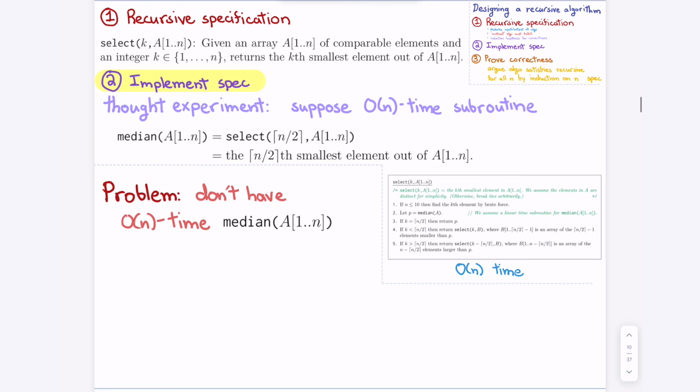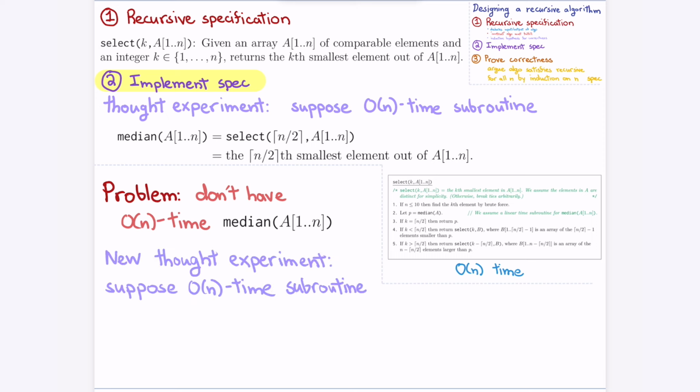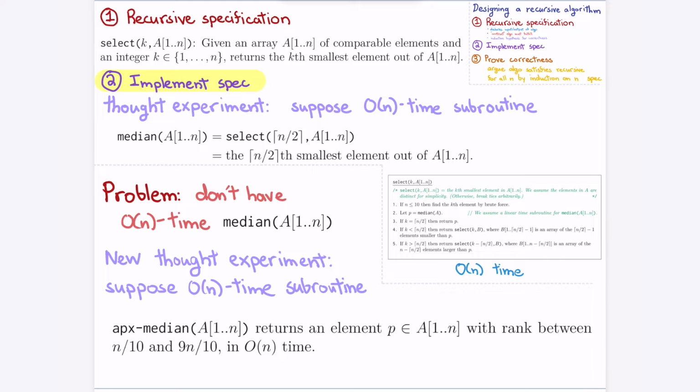So obviously we don't have a linear time median subroutine, which we now know is as good as solving the problem. Okay, so here's maybe the next relaxation. Suppose you had a linear time subroutine that doesn't give you the exact median, but a certain kind of approximate median. I'll call it APX median, APX for approximate.